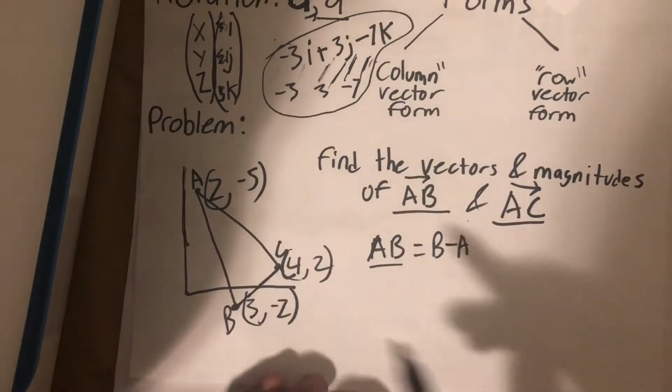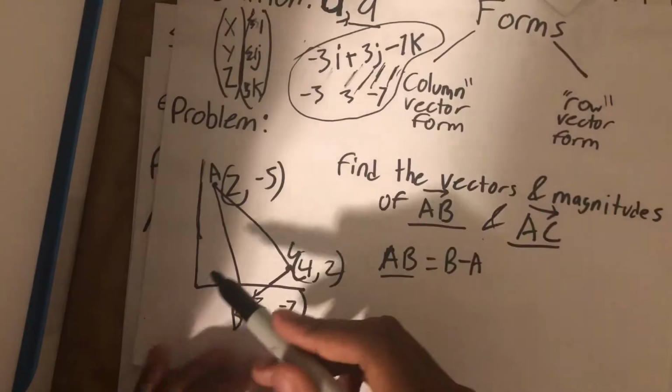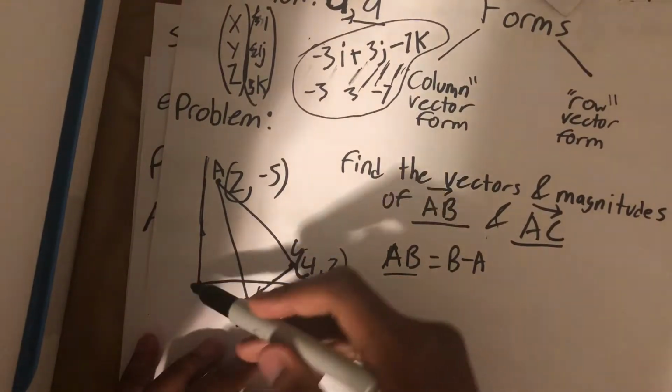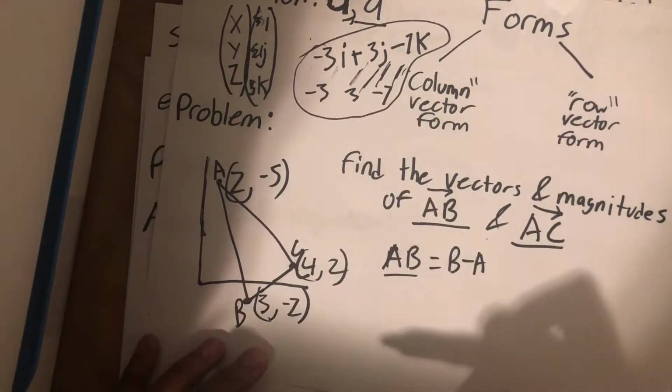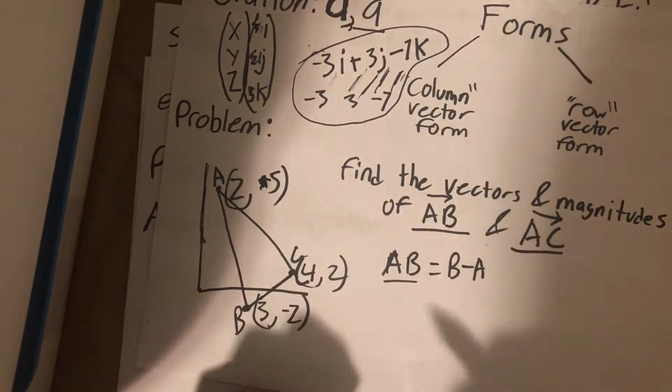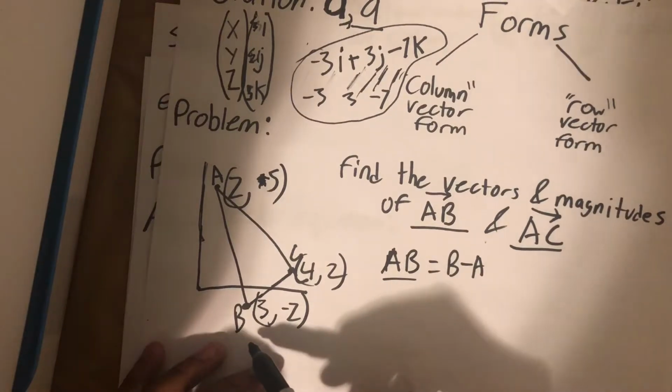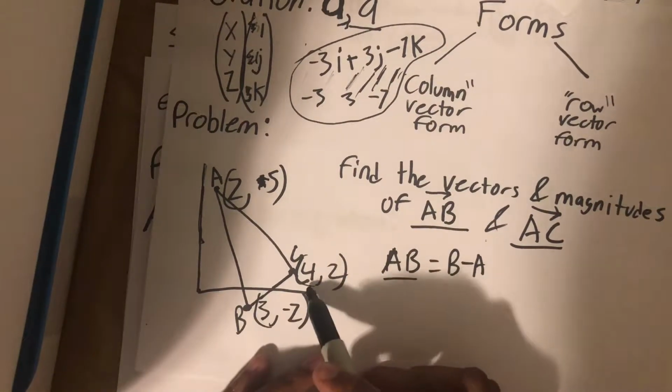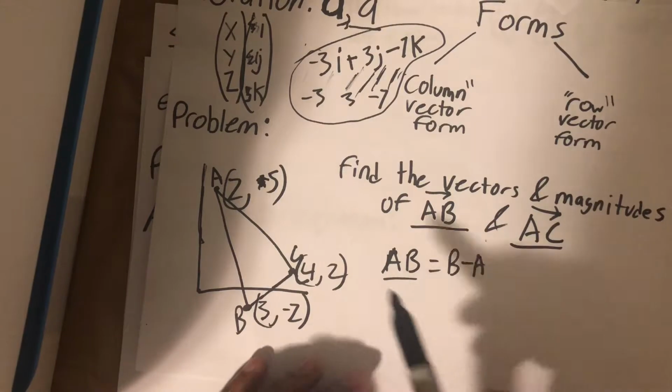So the first point I put was A over here at, it seems like, 2, negative 5. My bad, sorry for the negative. 2, negative 5, and then we have B over here at 3, negative 2. Then we have C over here at what appears to be 4, 2.